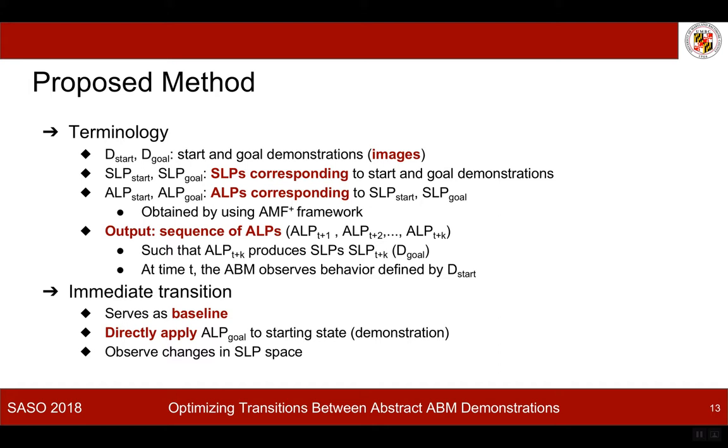This is to say that at time step 1, we applied the agent-level parameters predicted by the AMF framework directly to the agent-level parameters that it started from. We then observed the changes in SLP space.